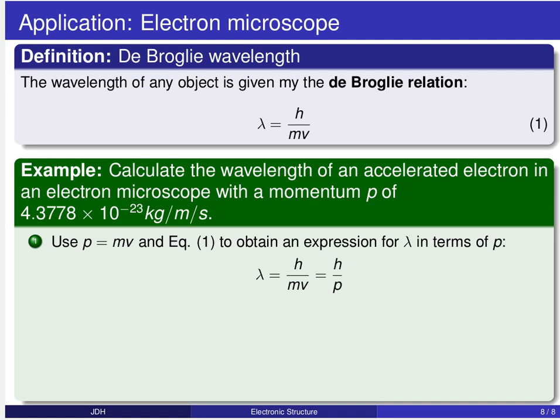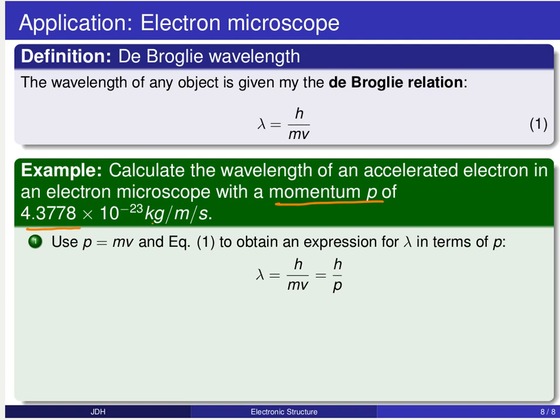If you look at the electrons that are being accelerated in this electron microscope, it turns out that they are accelerated to a momentum on the order of 4.3778 times 10 to the minus 23rd kilograms meters per second.